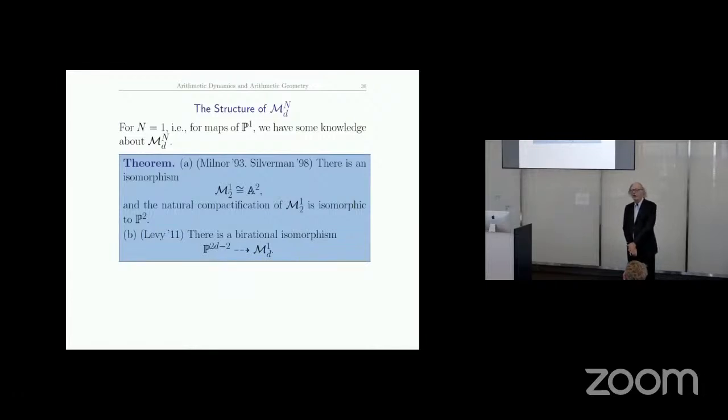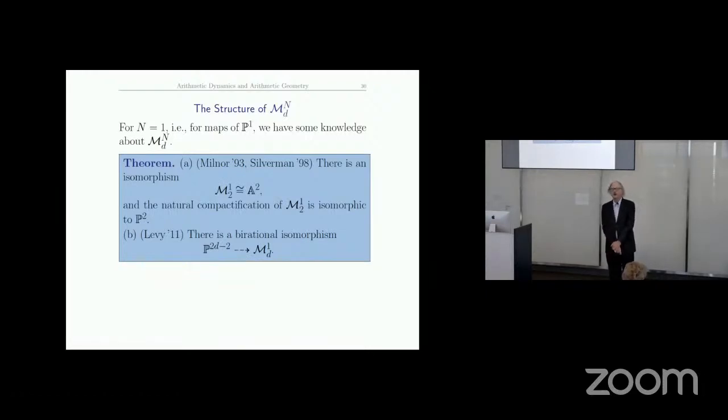However, for small degrees and dimensions, we do know something. So for degree 2 maps on P1, the moduli space turns out just to be isomorphic to the affine plane, with a natural compactification of P2. And more generally, for maps on P1 of any degree, the moduli space, it's not affine, but it is birational to a projective space.